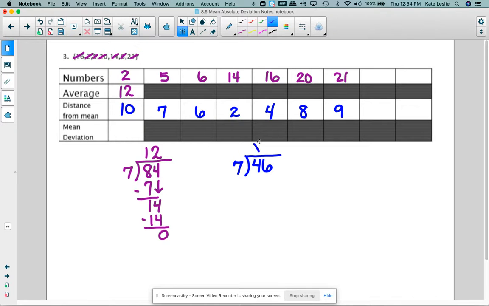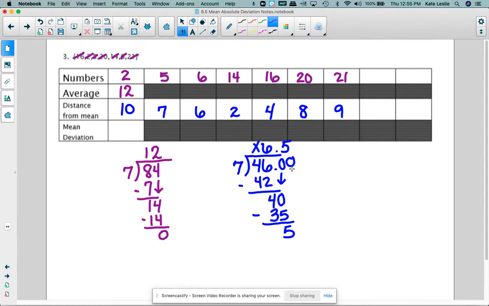7 can't go into 4, but it can go into 46 6 times. 6 times 7 is 42. You get 4 as your remainder. Don't forget to add a decimal and a 0. Bring it down. 7 goes into 40 5 times. 5 times 7 is 35. 40 minus 35 is 5.